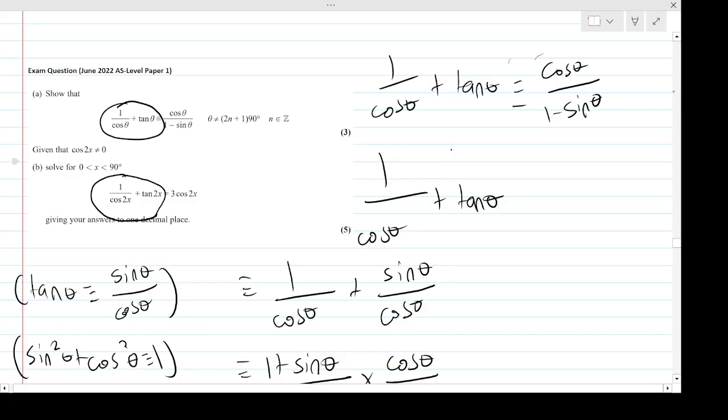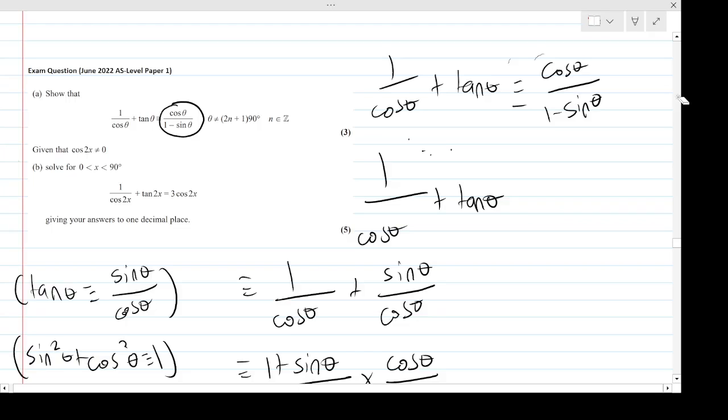A very common strategy: you were asked to prove an identity in the first part, and then you got that same expression in part B. Well, we can substitute that in, because we know 1 over cos theta plus tan theta is also the same as cos over 1 minus sine. That's what we've just proven. But our angle now is not theta, it's 2x. So we substitute that in.